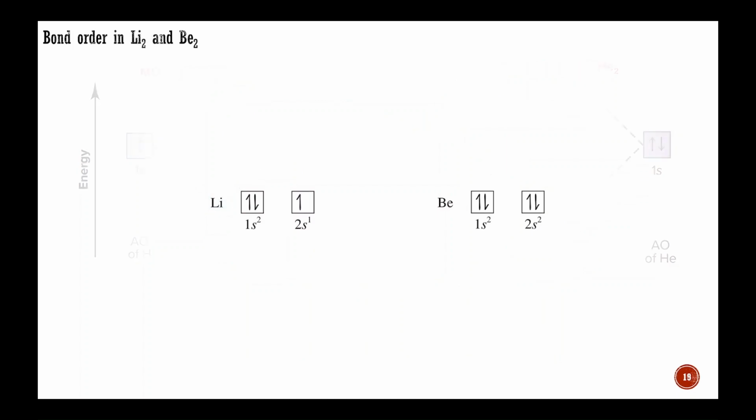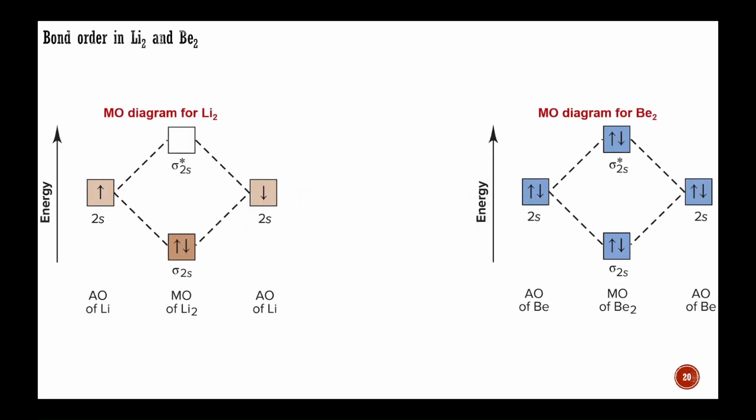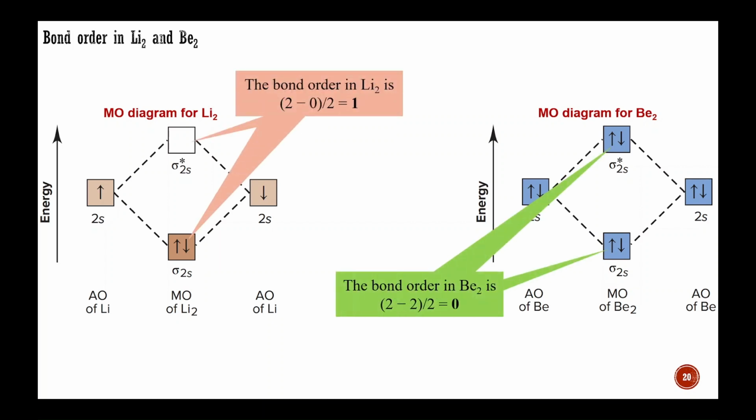We can perform similar analyses for hypothetical diatomic molecules like lithium-2 and beryllium-2. The lithium and beryllium atoms have ground state electron configurations of helium-2s1 and helium-2s2, respectively. In these atoms, the 2s atomic orbitals also combine to form the corresponding sigma and sigma star molecular orbitals, and the following figure shows the molecular orbital diagrams and bond orders for lithium-2 and beryllium-2 molecules.